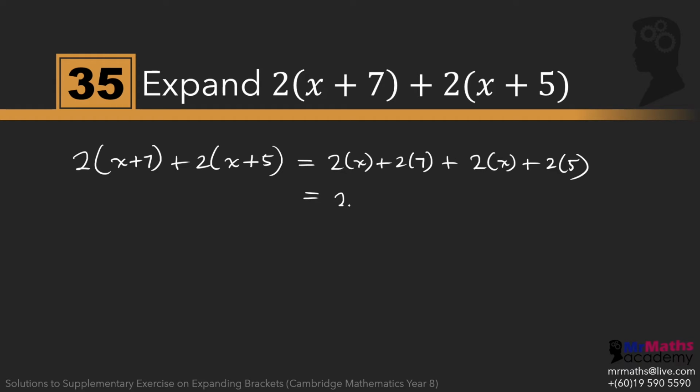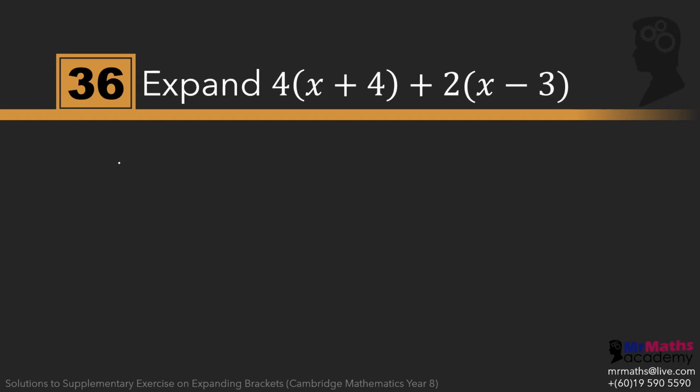So that becomes 2x plus 14 plus 2x plus 10. And we're going to add the like terms. So 2x plus 2x becomes 4x. And then 14 plus 10 becomes 24. That's the final answer. Next question.